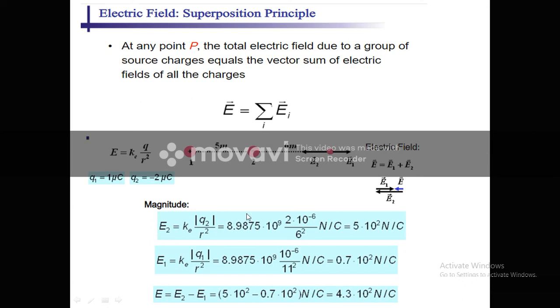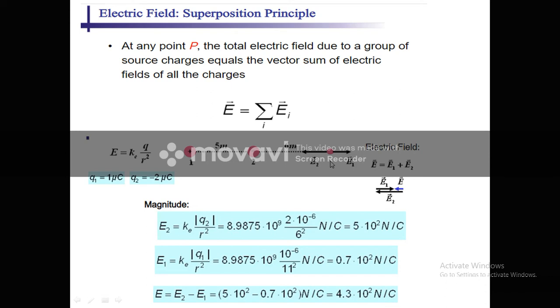So what would be the net electric field intensity experienced by this test charge, and what would be the magnitude? And in which direction will it move, because this test charge experiences two forces with different directions. E1 is pushing it to the right side, while E2 is pulling it to the left side.